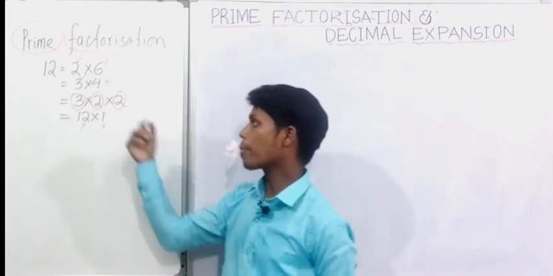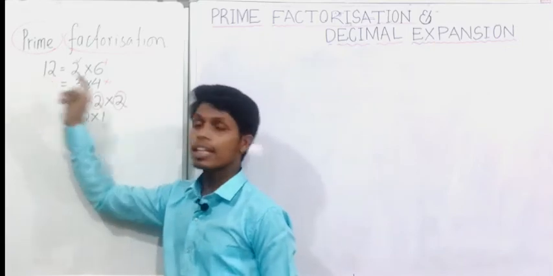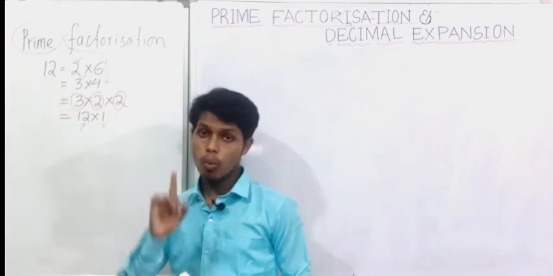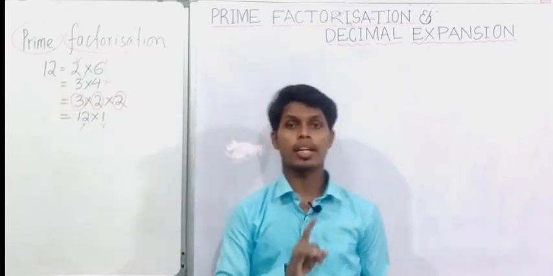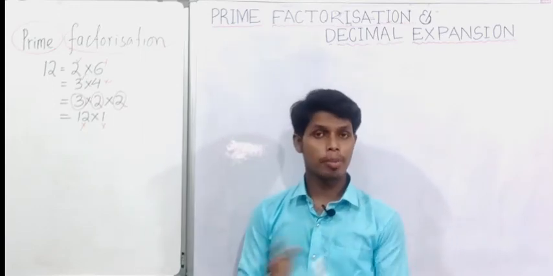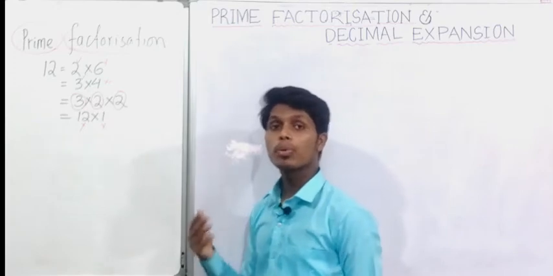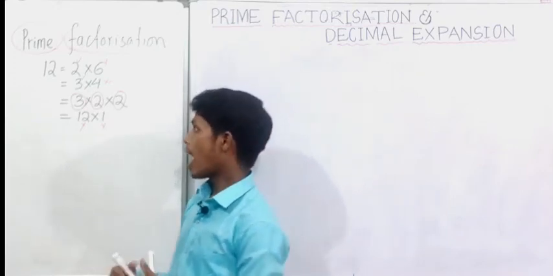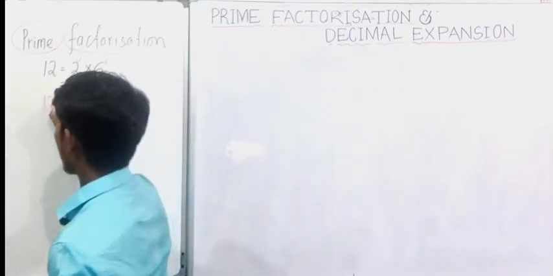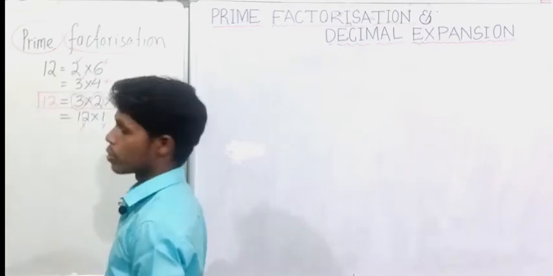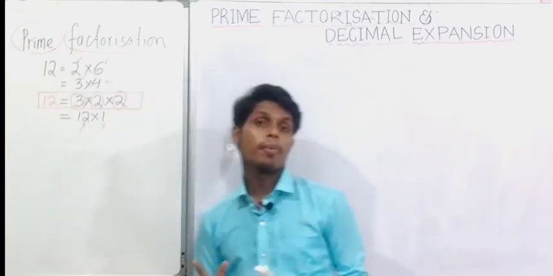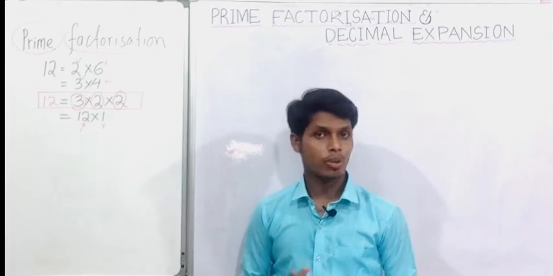It means no other prime factorization can represent 12, only 3 times 2 times 2 can represent 12. Yes, the order may be changed, 2 times 3 times 2 can also be written, or 2 times 2 times 3, and this is called the prime factorization of 12. So now I hope you have understood what prime factorization is.